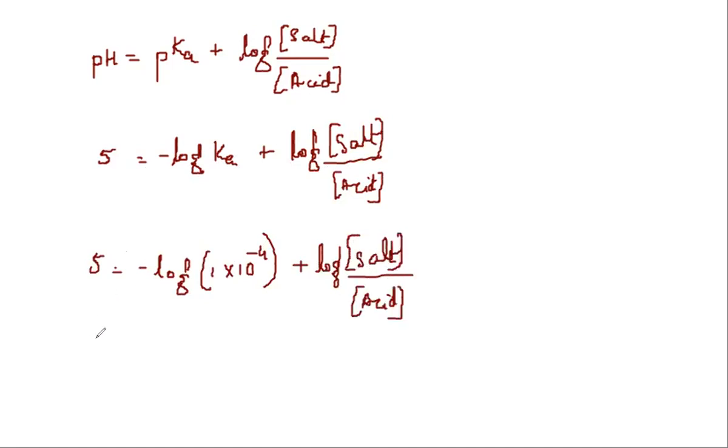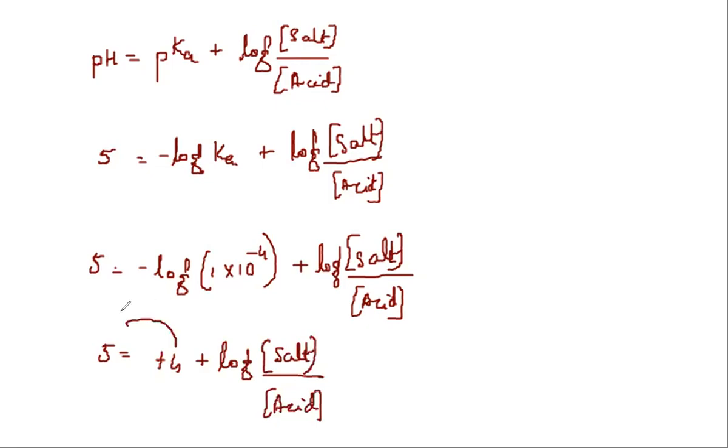Minus minus gets cancelled. 5 minus 4 on this side is 1. Therefore, 1 is equal to log of concentration of salt to concentration of acid.